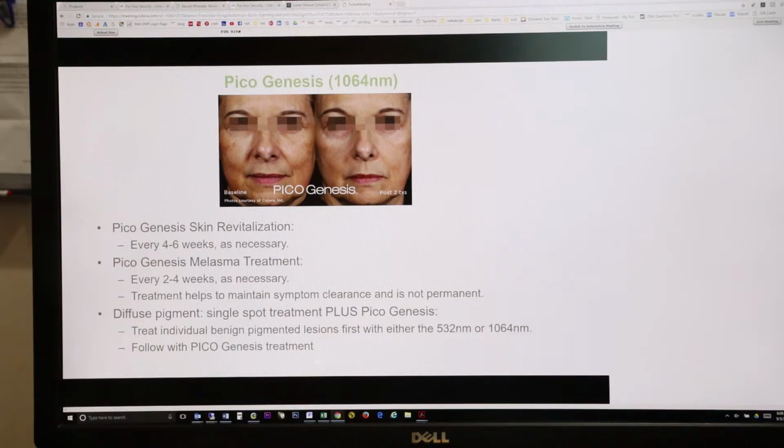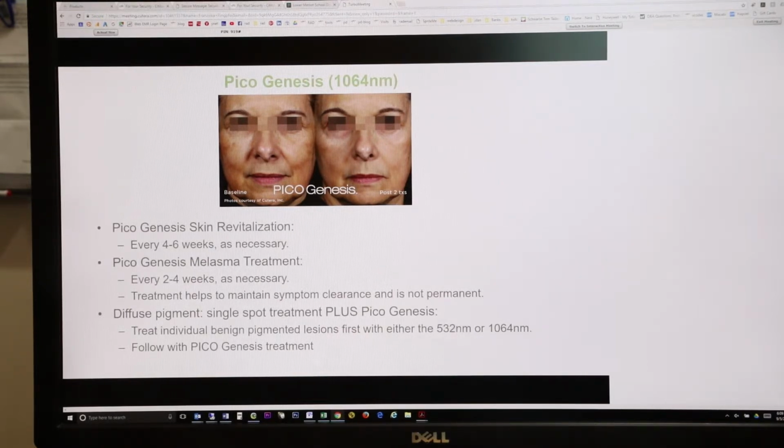So there's a lot of providers that are using the 1064 to treat melasma. Picosecond because it doesn't deposit a lot of heat, 1064 because of the darker skin tones. So for melasma, our settings in the book have you go a little bit less aggressive than your skin revitalization because we're not sure if they're the type of melasma person that's going to rebound from the heat that it's causing internally.